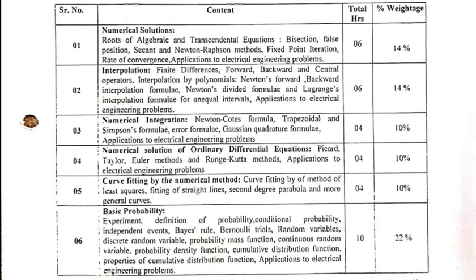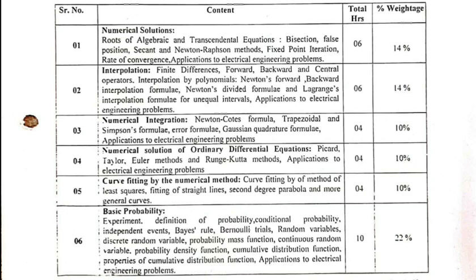Curve fitting by the method of least squares, in which we learn to fit a straight line, fit a parabola, and more general curves like the exponential curve, with curve types y equals a x raised to b, y equals a b raised to x, and y equals a e raised to bx.